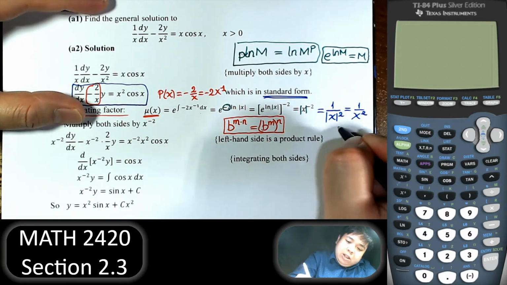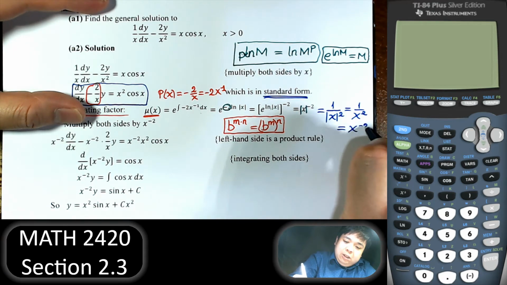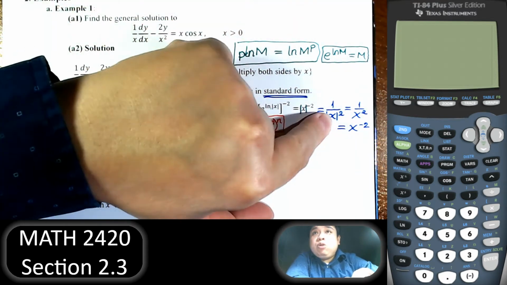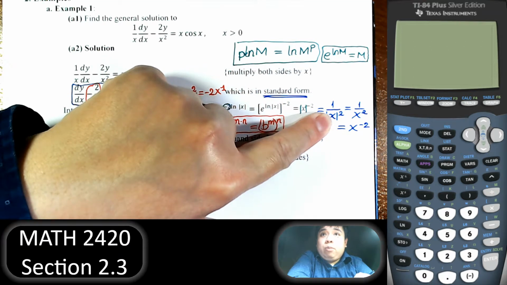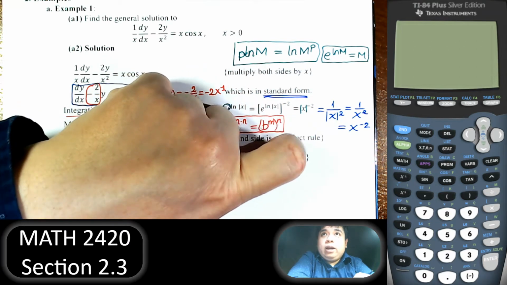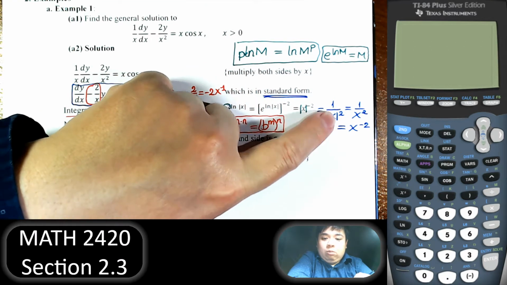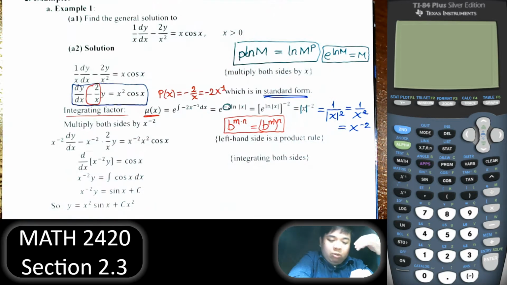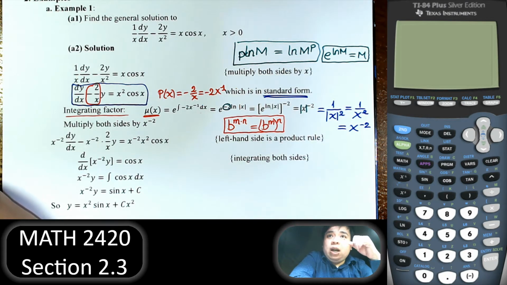Why is that? Because absolute value is going to be positive, squared, so it's still a square. It doesn't matter whether it's a plus or minus.